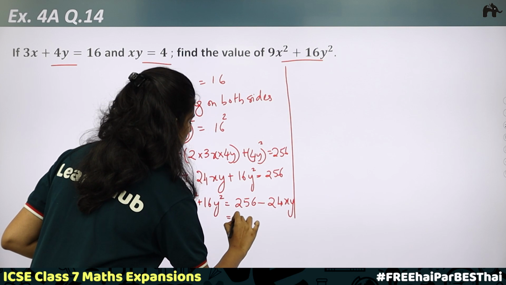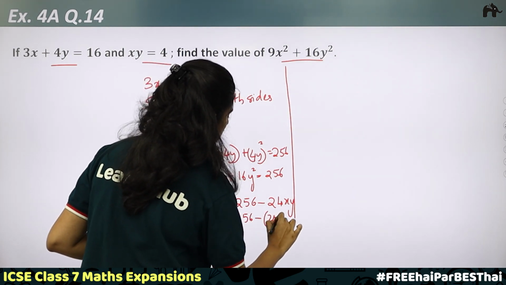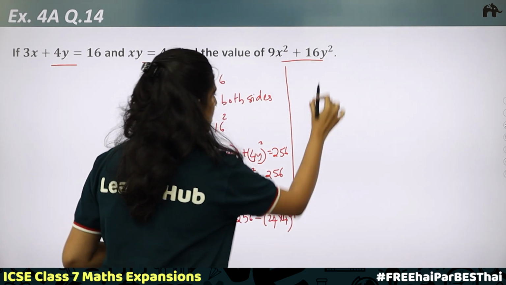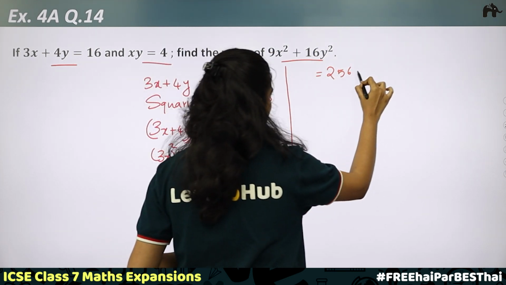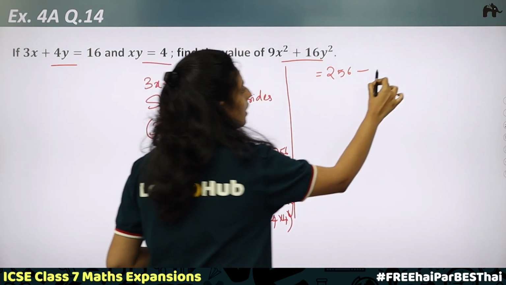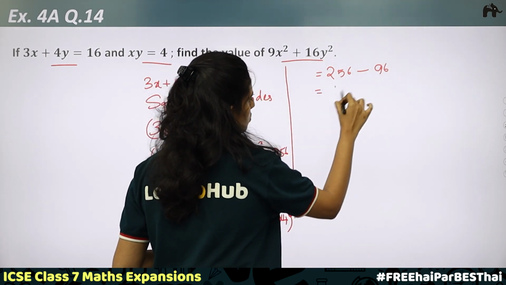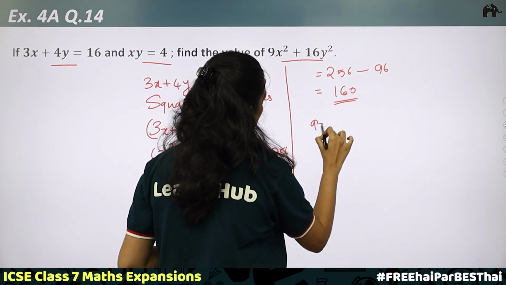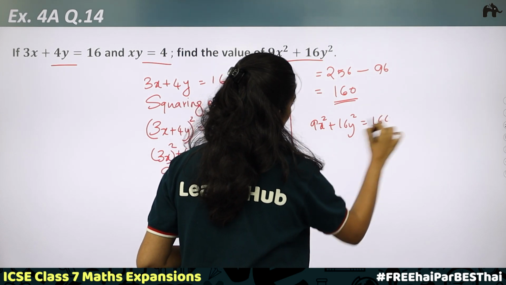And that is equal to 256 minus 24 into, what is xy? xy is equal to 4, which is equal to 256 minus 96. 24 into 4 is 96. And that is equal to 160. When you subtract, you will be getting 160. Therefore, 9x square plus 16y square is equal to 160.